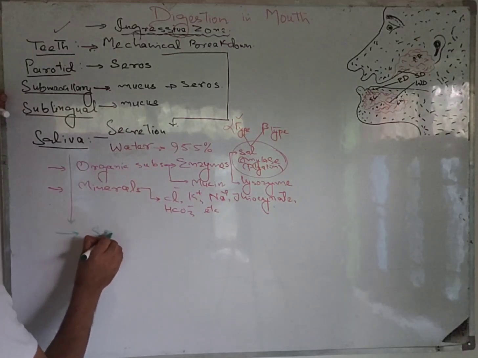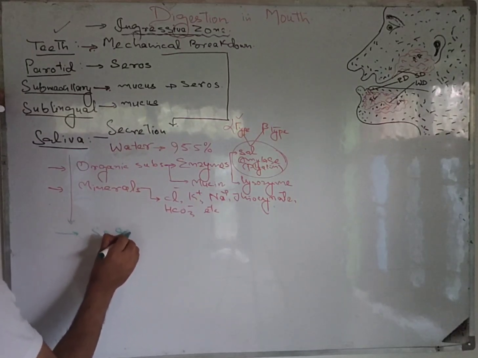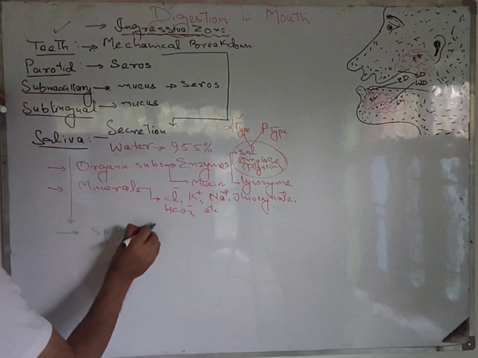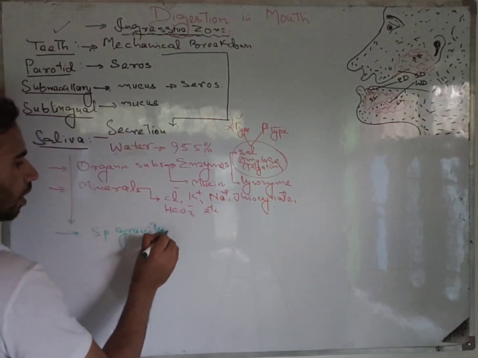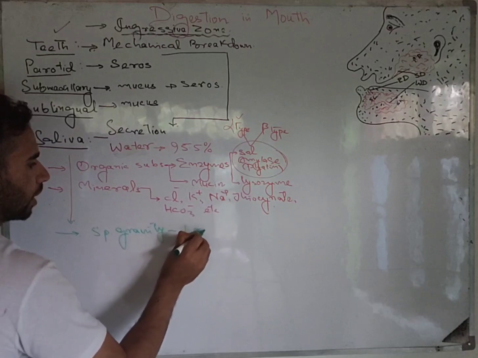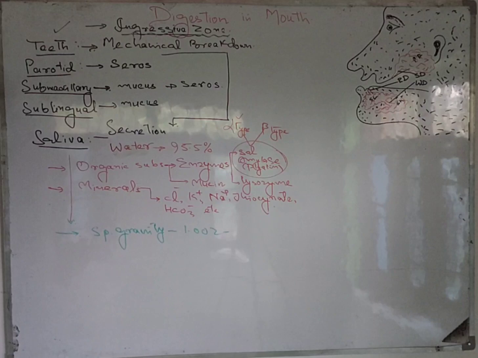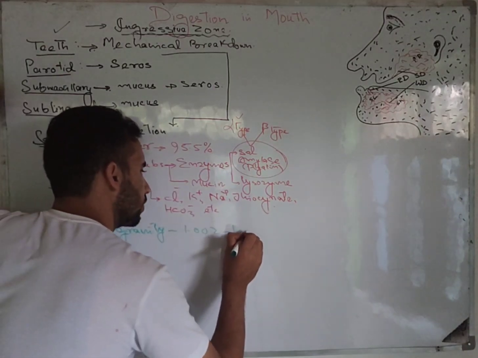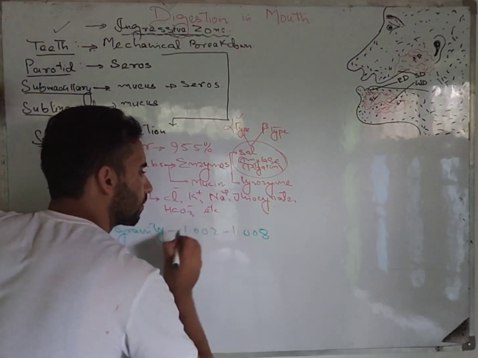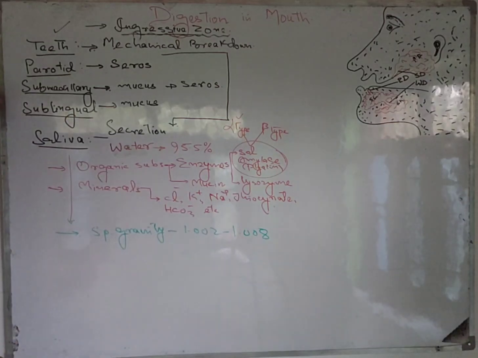Our saliva has a specific gravity ranging from 1.002 to almost 1.008. This is the range of the specific gravity of our saliva, isn't it?